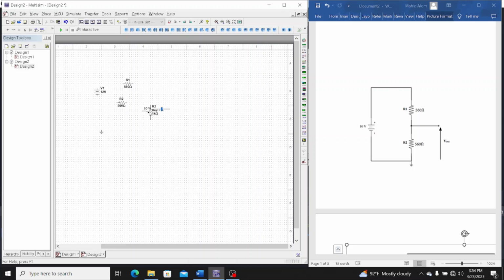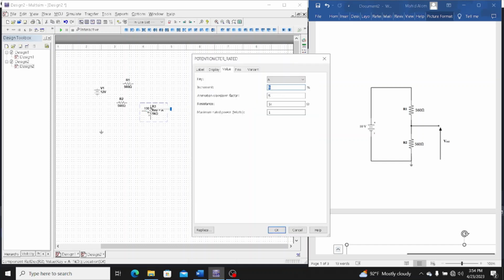In potentiometer, here we can change the resistance value, and I have to give some information, and that is increment. We can change the increment rate, and I am giving 1%.